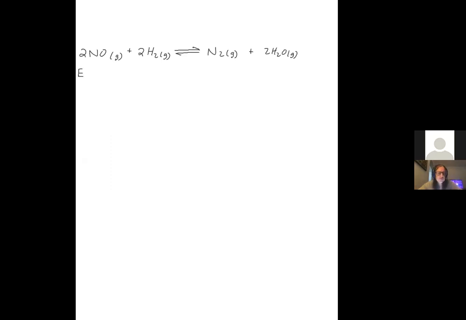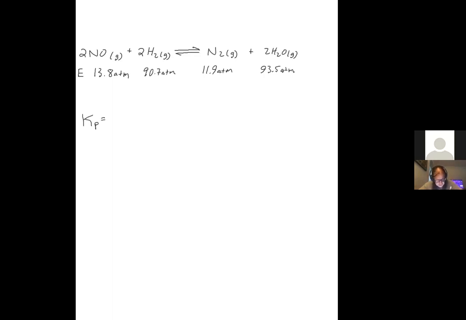So the NO is at 13.8. The H2 is at 90.7. The N2 is at 11.9. And the H2O is at 93.5. Okay, those are at equilibrium. So let's write the expression.